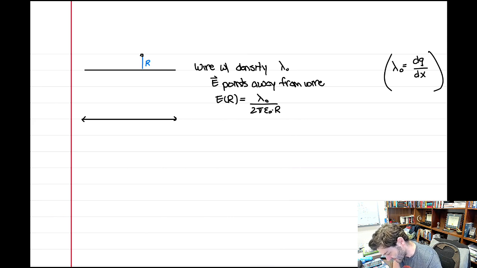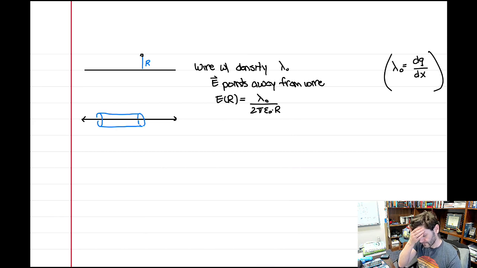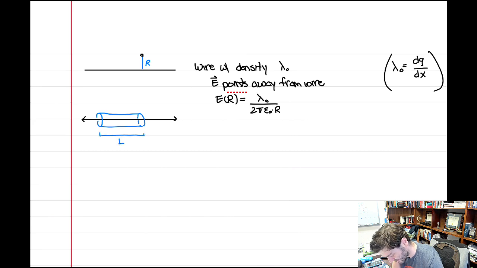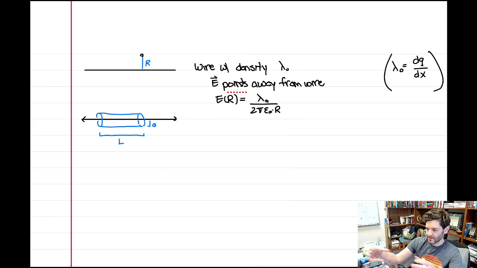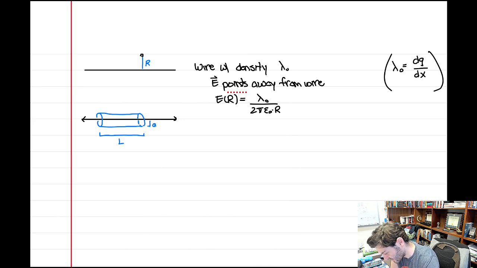My suggestion, and for this one I'll give the hint, is to consider again a cylinder, maybe we'll say some length L, and again we'll stick with some radius A. Let that be a finite cylinder such that it does encapsulate a finite amount of the wire. So again, there is a finite amount of charge in that cylinder.